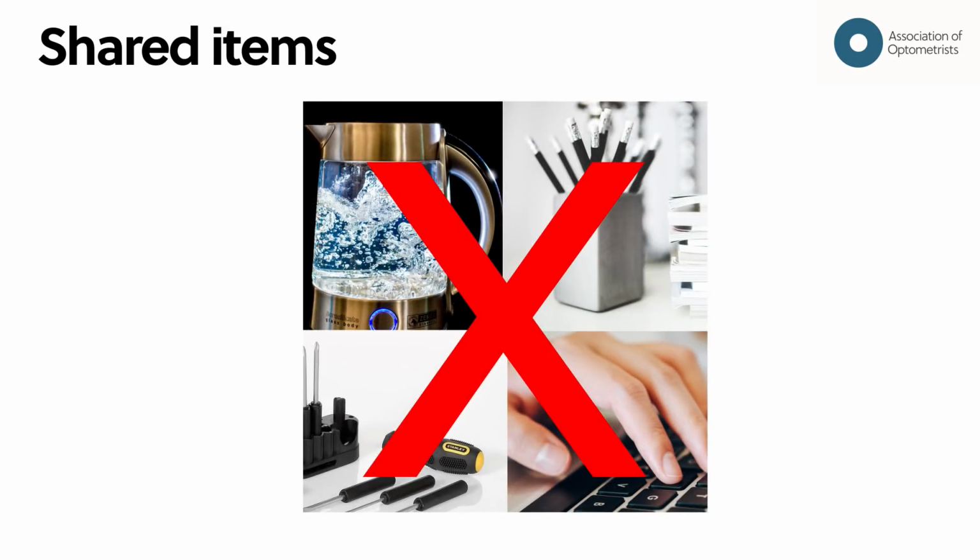Unfortunately, that does mean modifying some of the things that we all like to do. So the communal tea and coffee facilities are going to be very difficult because they pose a risk. Keyboards and computers, if you can just stick to your own, that's great, but it probably isn't practical in most practices. So most practices will have to share those, and it needs to be considered how that's done safely.